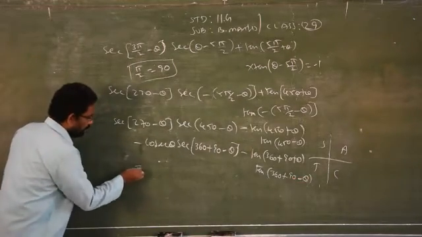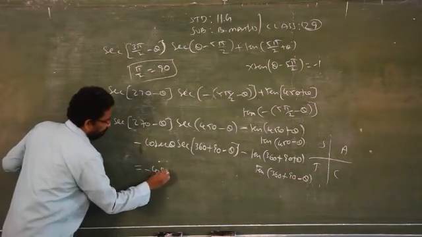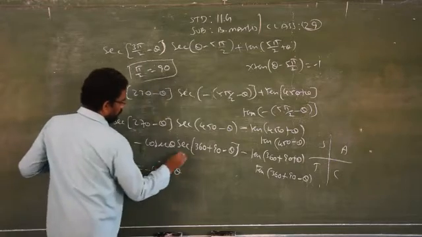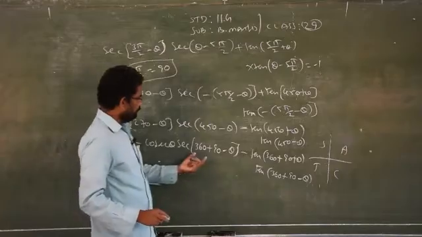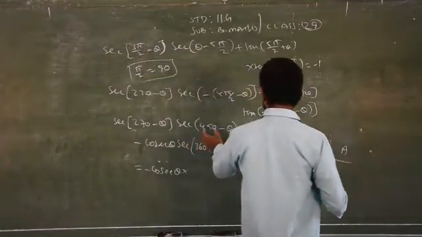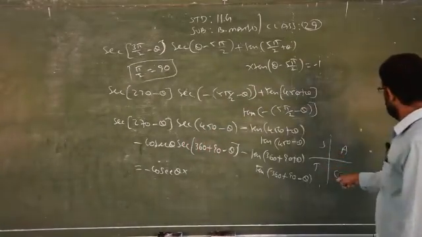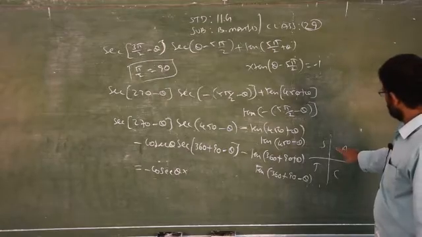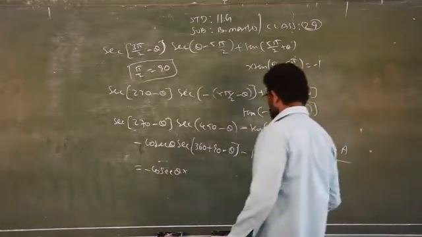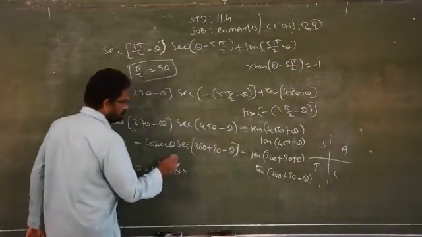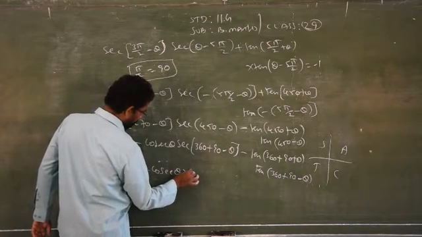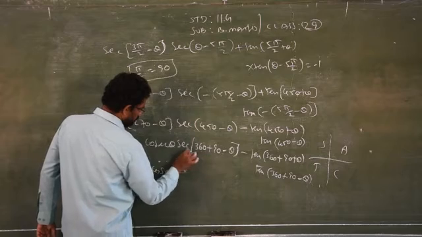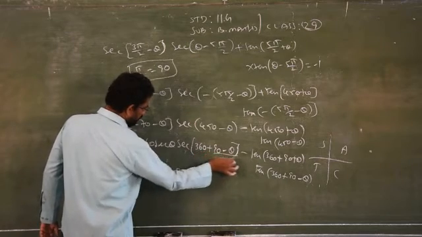I told you already, into 360 doesn't matter, but you have to see that 450 falls on which quadrant? 360 exactly 90, therefore no changes. So write down as it is, but secant 90 minus theta, what is that? There is no changes, but you are expressed 90 minus theta.